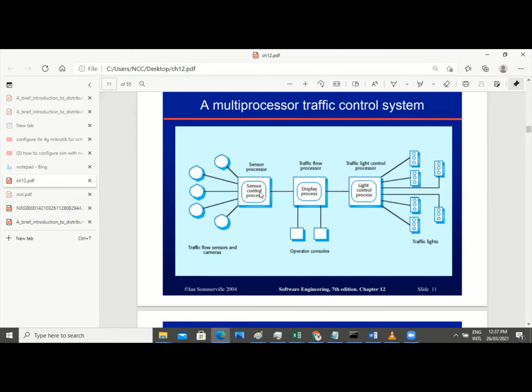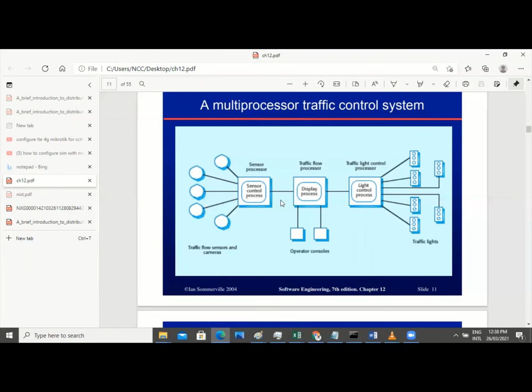These sensors come into a sensor control process that is controlled by the display process. This display process is actually computed by the operator consoles. Then this goes to the traffic flow processor, and that goes to the processor that controls the street lights themselves.